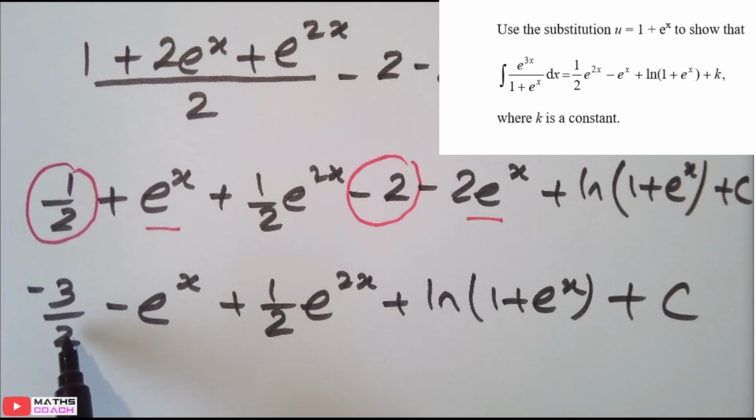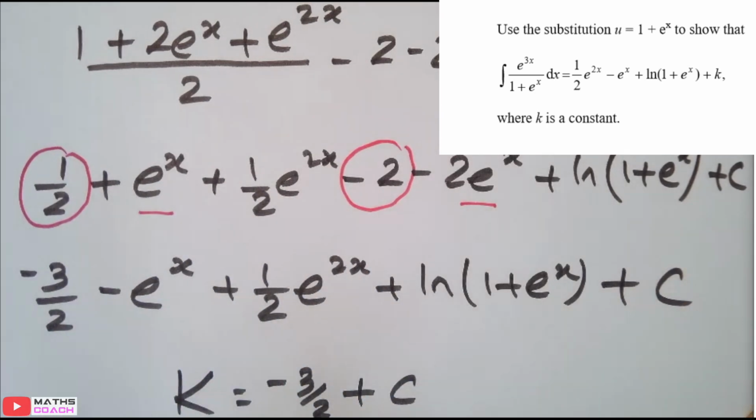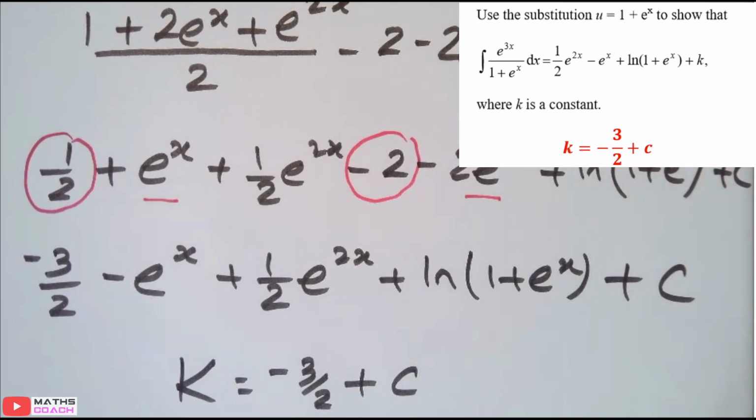We have minus 3 over 2, but we've also got a constant that goes as part of the answer. So in this case, your k isn't just minus 3 over 2. It's minus 3 over 2 add the c, and those two together make up our k. And that is what we end up with in our answer.